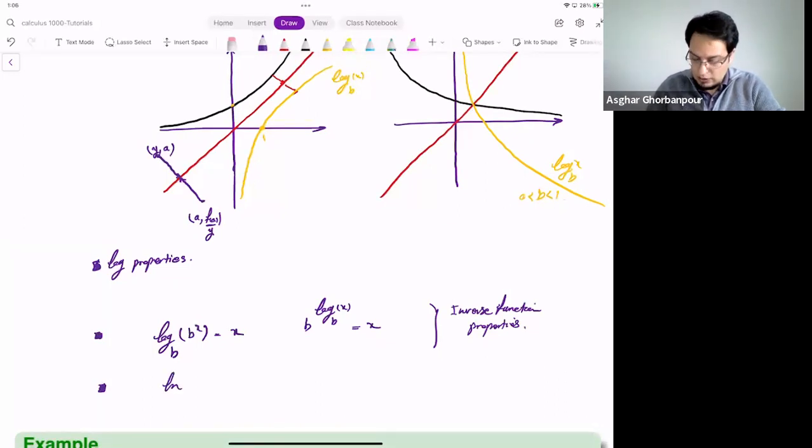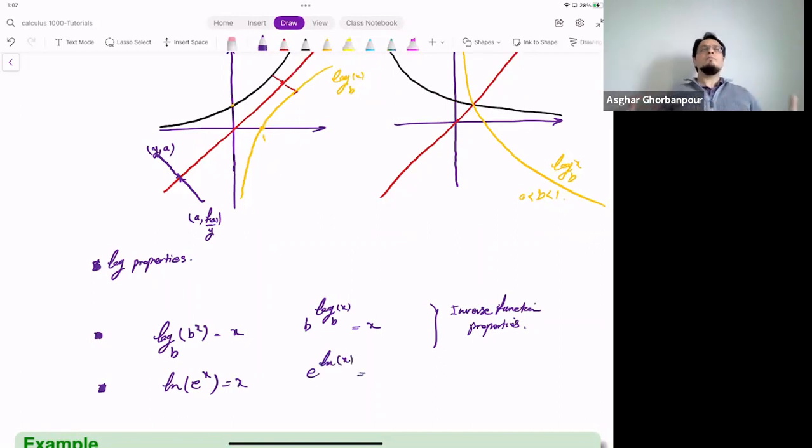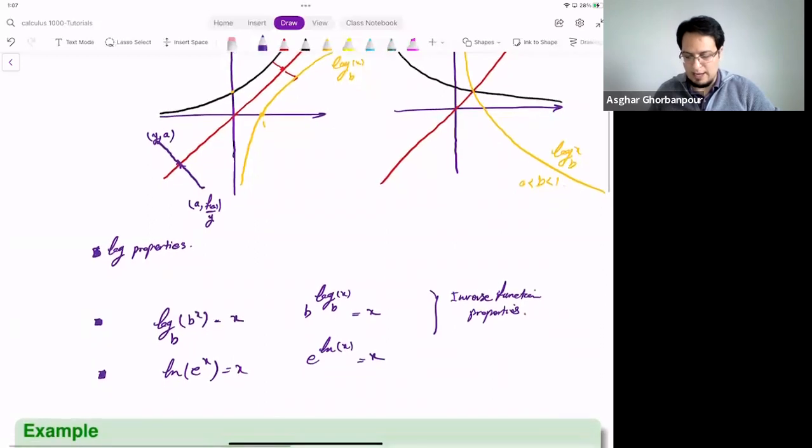So ln has the same property, but when the base is specifically e. This one is so important that we made its name very special. We call it a little bit differently, ln x, and that's basically having the same property.